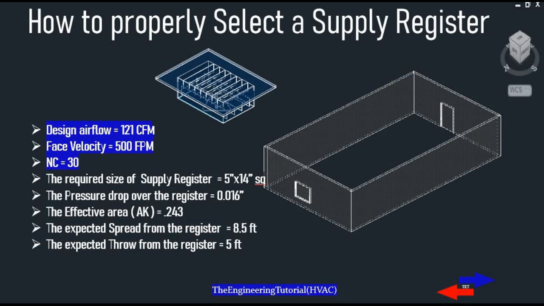And here, as you can see, for this flow rate, the approximate pressure drop over the register is 0.016. The effective area or Ak is 0.243. The expected spread from the register is 8.5 feet, and the expected throw from the register is 5 feet.